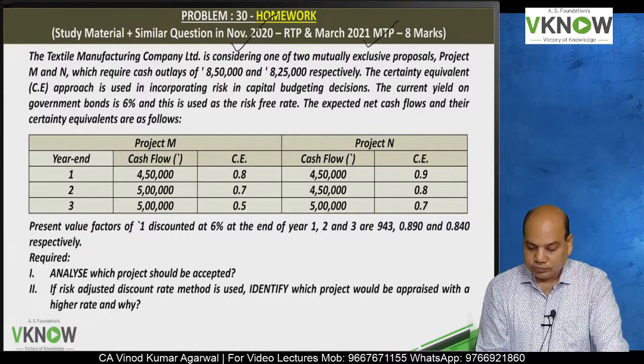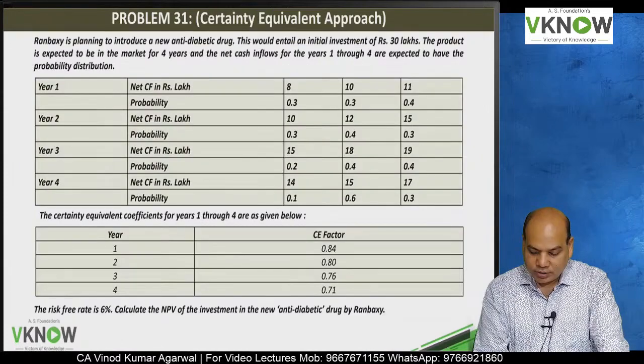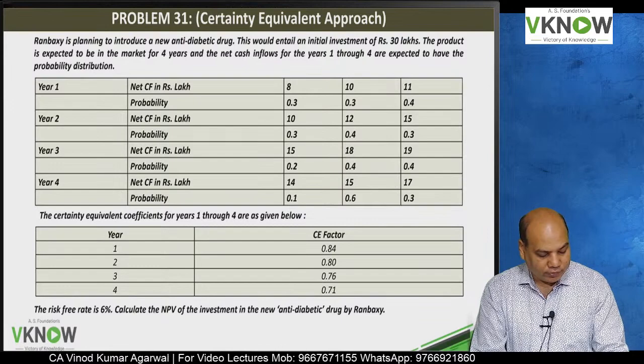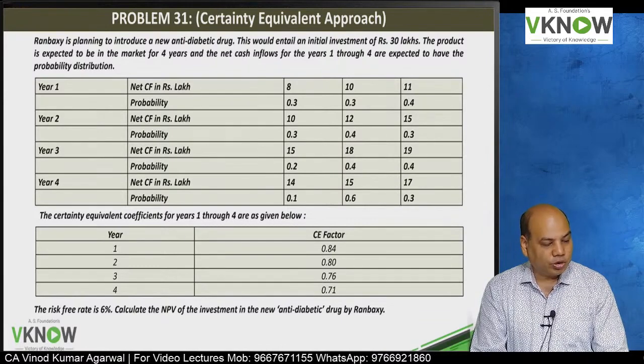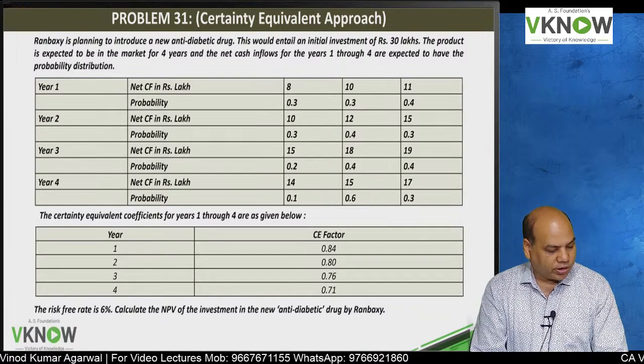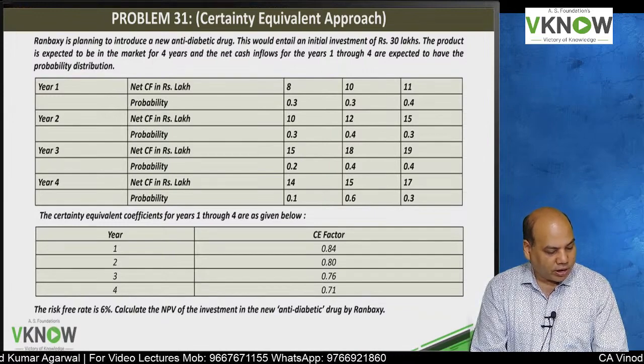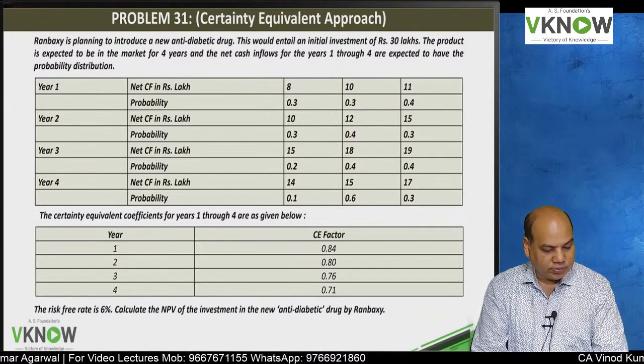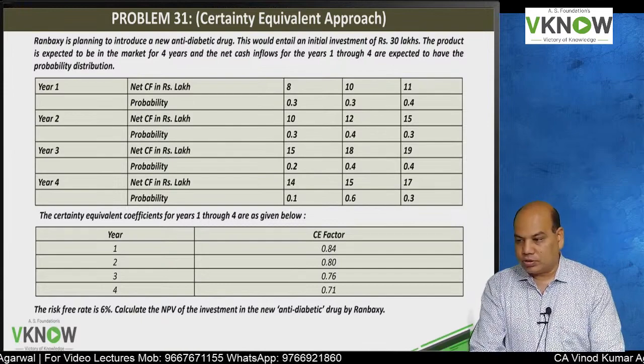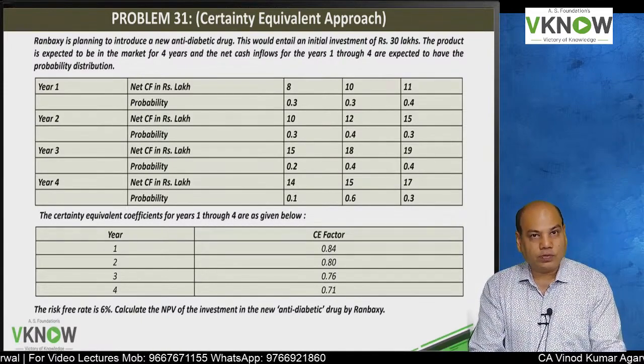Okay. Question number 31, this I will solve. Please must do 2 questions in the notebook, because they are 100% same. I have no value addition to be done. Question number 31 will be solved in the book only.